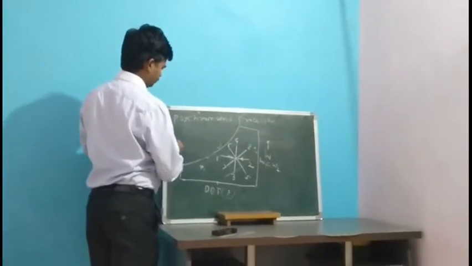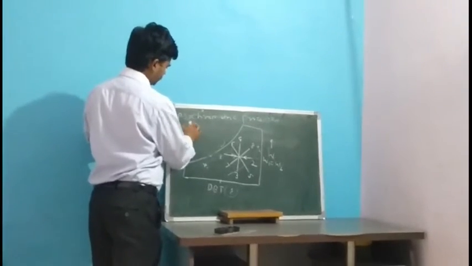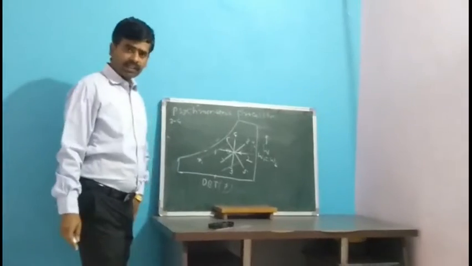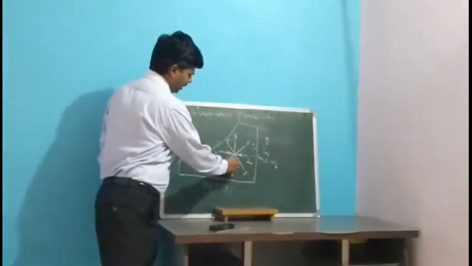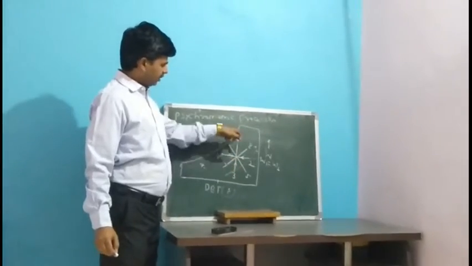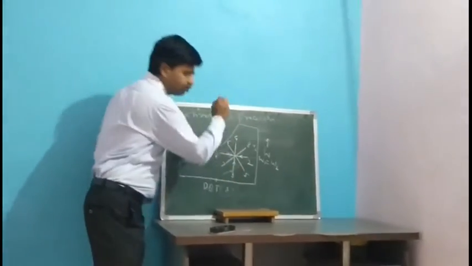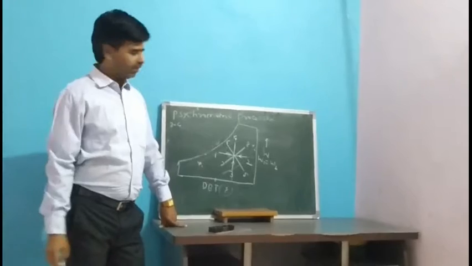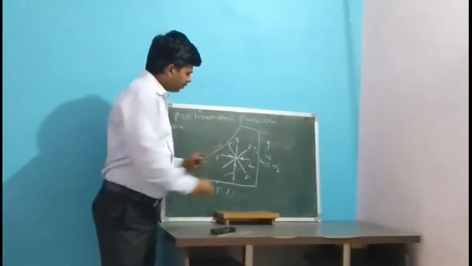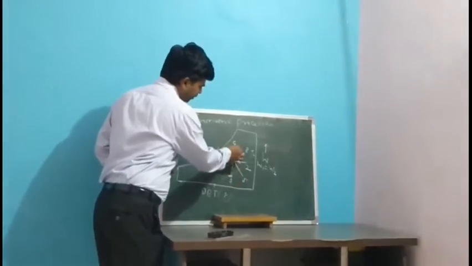Then 3 to 4, that is a vertical line on the psychrometric chart, and the tip of the arrow is like this. Here the dry bulb temperature is not changing, whereas the specific humidity is increasing from this level to this level.